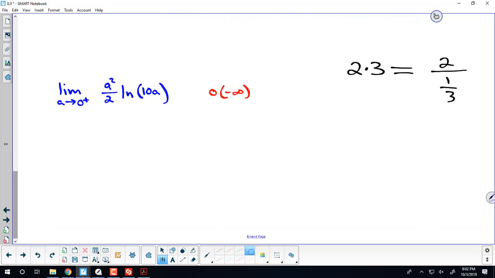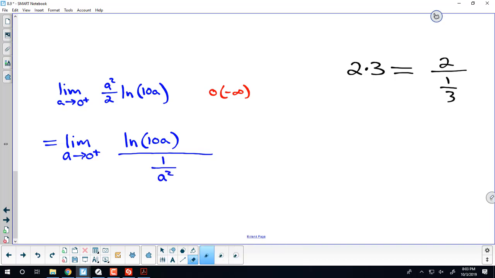That's what we have to do with the a squared and the ln 10a. Algebraically this is the same as the limit as a approaches 0 from the right of ln 10a over the reciprocal, 1 over a squared. To simplify a little bit, I'm going to take the half out. You can keep the half in if you want; the same result will emerge. Okay, so now it's a quotient.